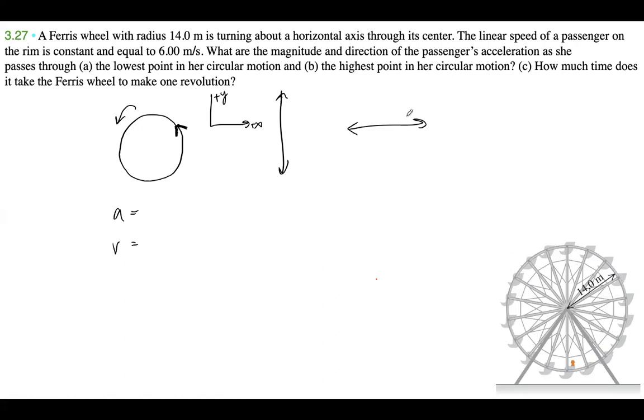Because in projectile motion, in every single problem that we did on planet Earth, acceleration was just downward. So at every point, it just pointed down, and velocity was just the direction that the object was moving at that point in time.